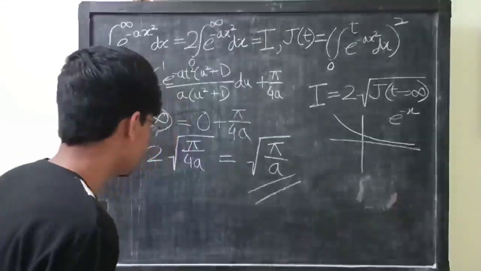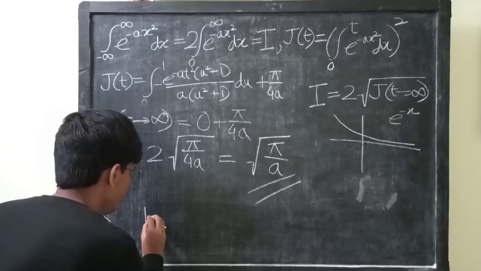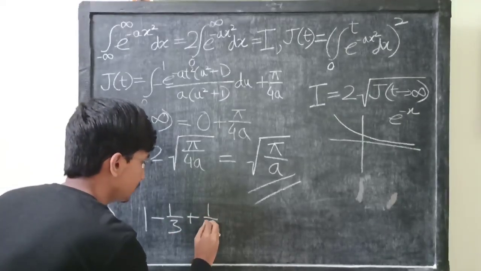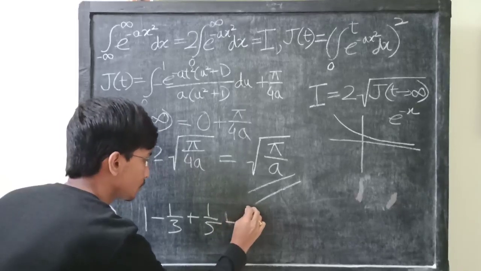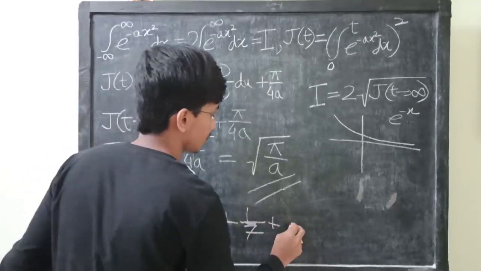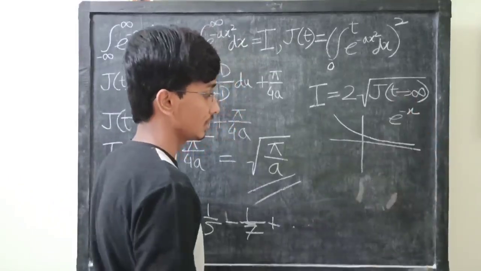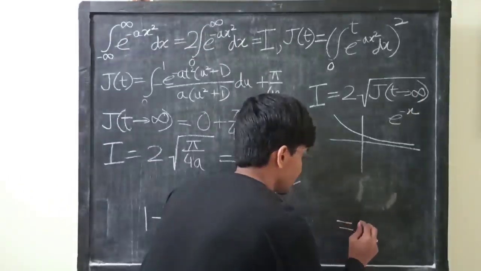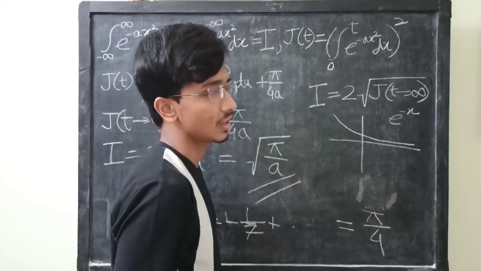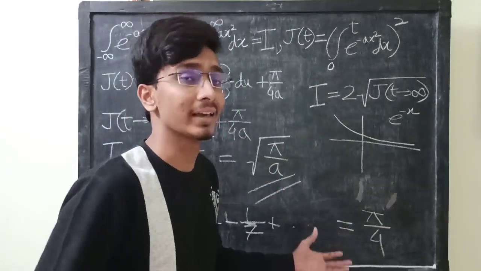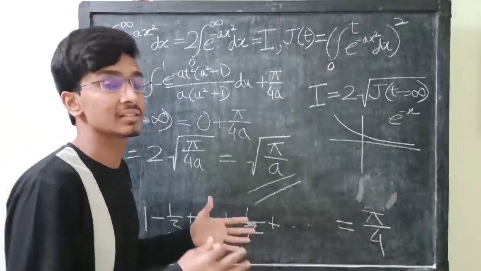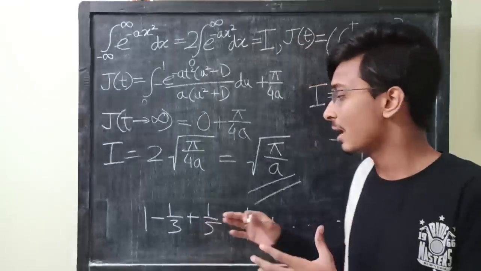For example, in this series is 1 minus 1 over 3 plus 1 over 5 minus 1 over 7 plus dot dot dot up to infinity. This results in just pi over 4. I mean, how and why? Yes, I might know the proof, but I am talking of the physical significance. Why does this happen?